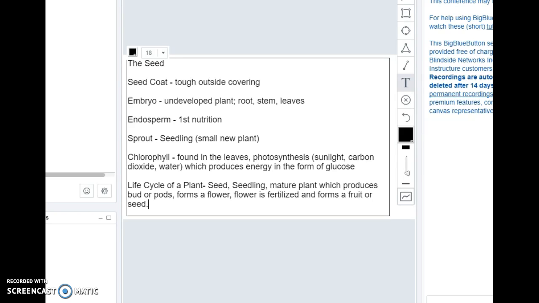And our seed can then be replanted. So you can see the life cycle of a plant. It all starts over. That seed coat again has to be penetrated with water. That embryo develops using that endosperm, that first nutrition. It becomes a sprout, a seedling. It uses that chlorophyll to obtain and create energy. And the life cycle of a plant starts all over again.